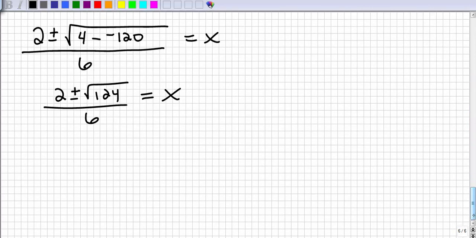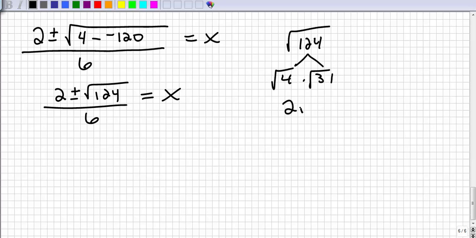Now technically that is our answer, but we can simplify the square root of 124. Since 124 is equivalent to 4 times 31, we could make that be 2 times the square root of 31.